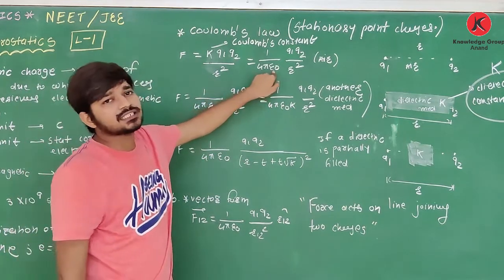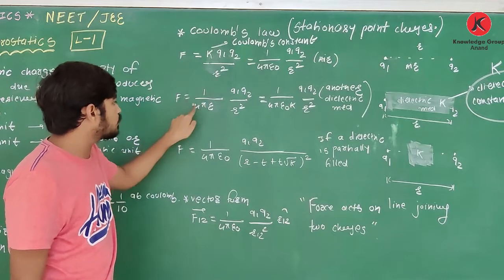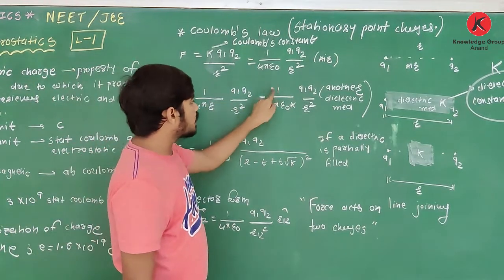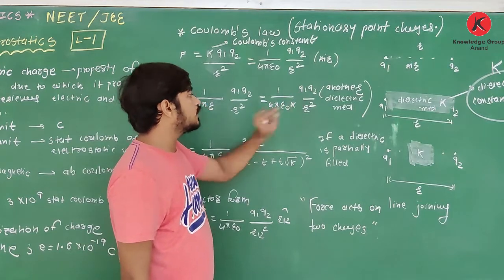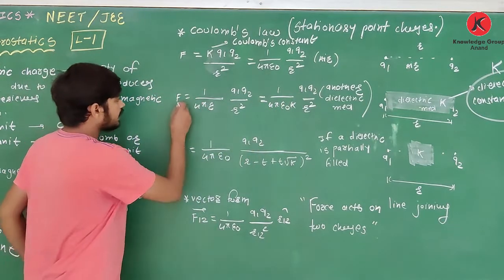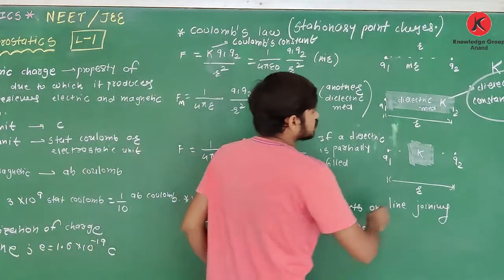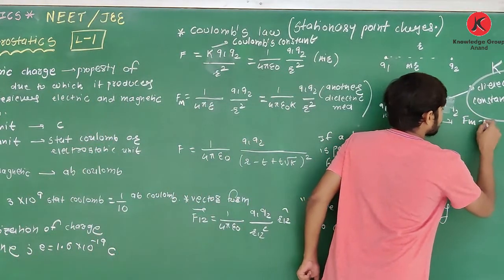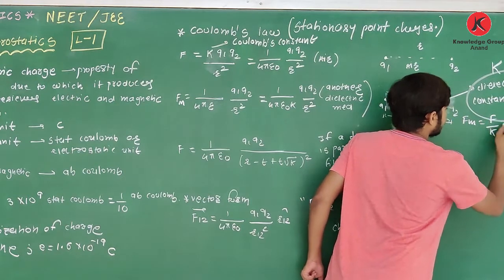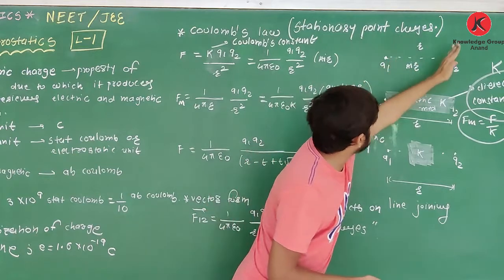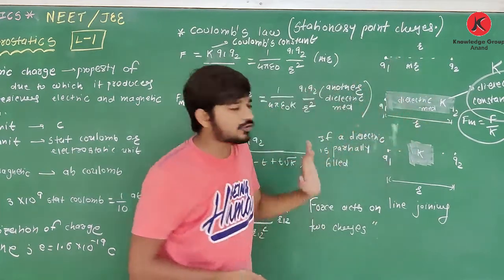You have to replace epsilon 0 by epsilon, so it is equal to 1 upon 4 pi epsilon 0 K Q1 Q2 upon r square. Here I can write Fm, where Fm means force acting in the medium. The relation is Fm is equal to F upon K, when the air region is totally replaced by the dielectric medium.